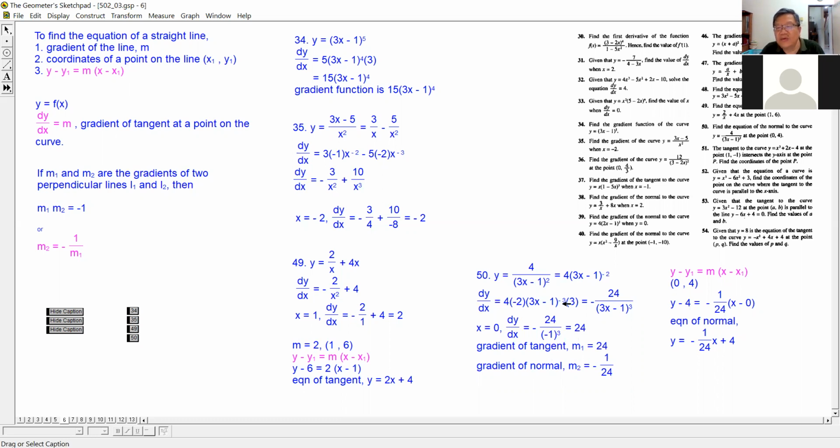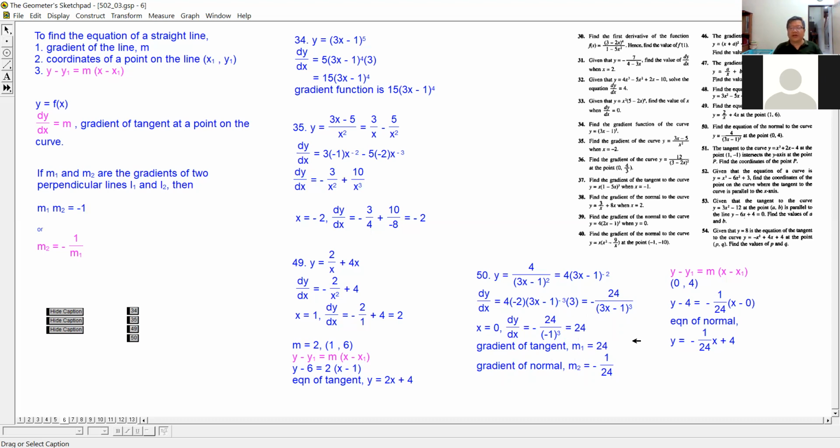Bring down the -2, then the power decreases by 1 to become -3, then differentiate inside the bracket and you get another 3. Now the numbers 4, -2 and 3 are the numerator, so they become -24. The bracket is raised to the power of -3, so it goes to the bottom. So this is dy/dx, the gradient function.